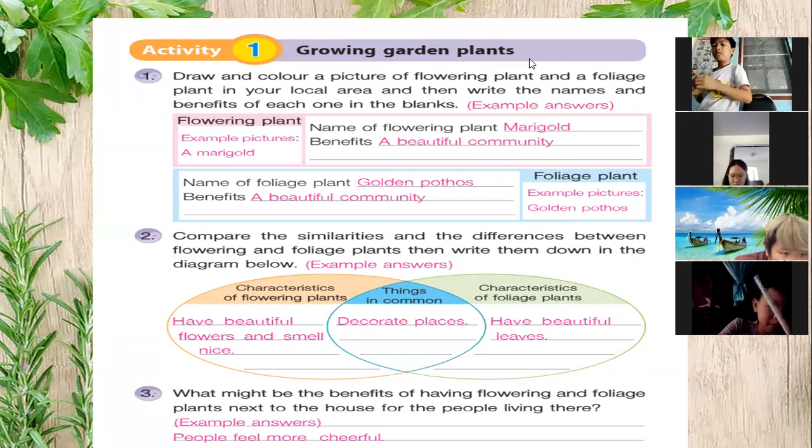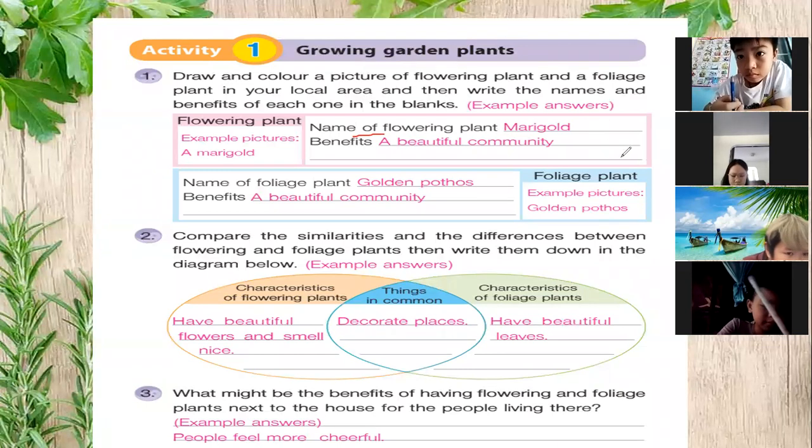First of all, you have to write down the name of the flowering plants. If the flowering plant nearby your local area is a marigold, jasmine, or rose, you just write down the name. Here I just give an example. The example is marigold.